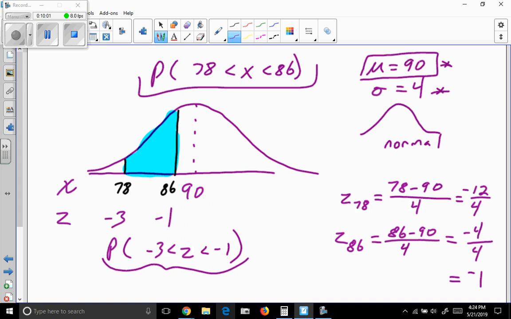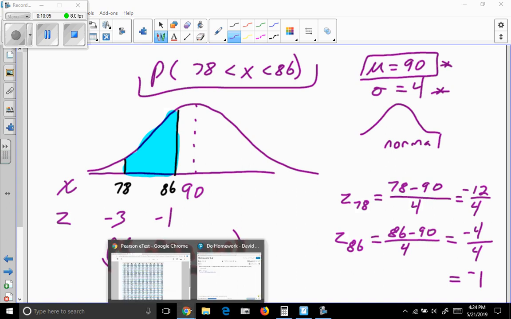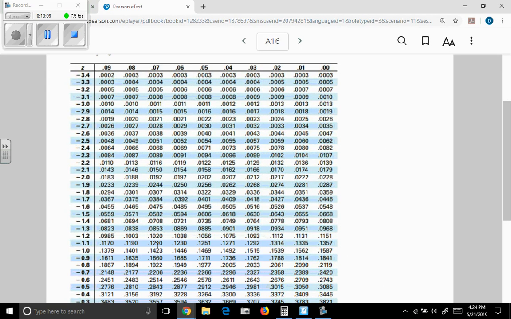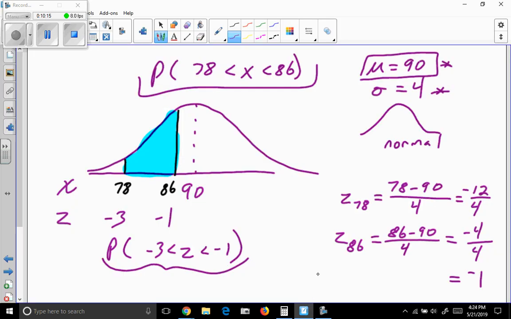So we need to look up -3 and -1 in our table. If we go to -3.00, it's 0.0013. So this area here is 0.0013. That's everything to the left of that.